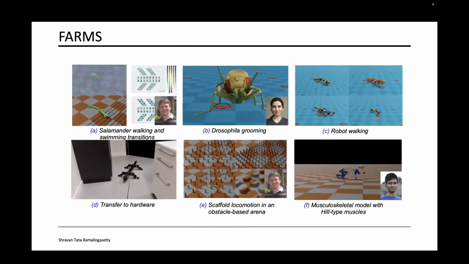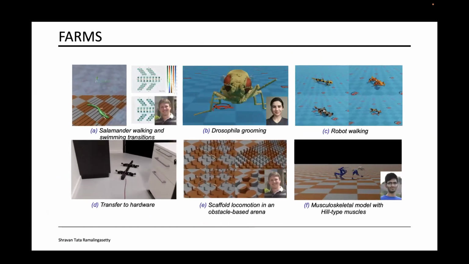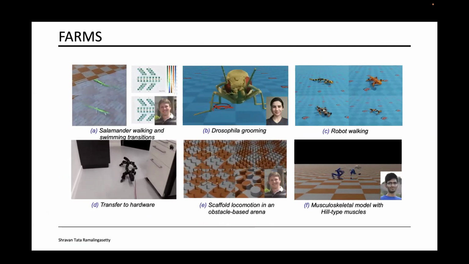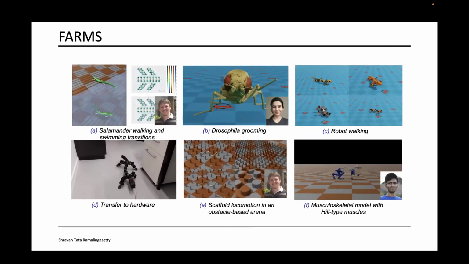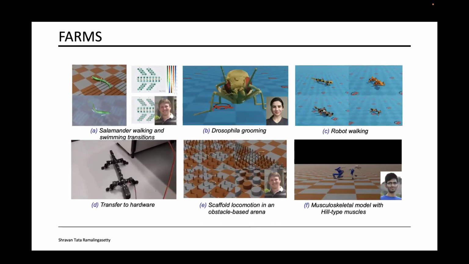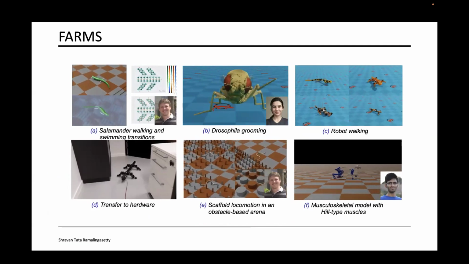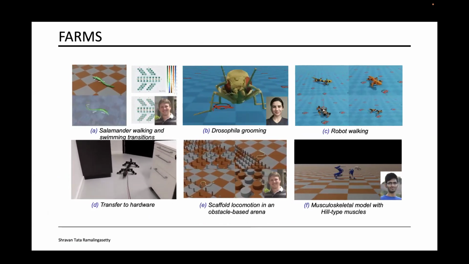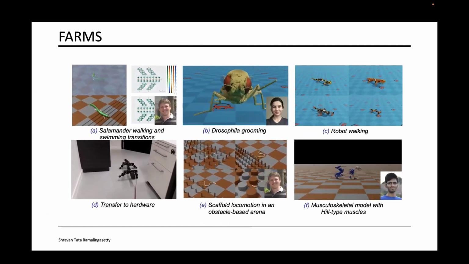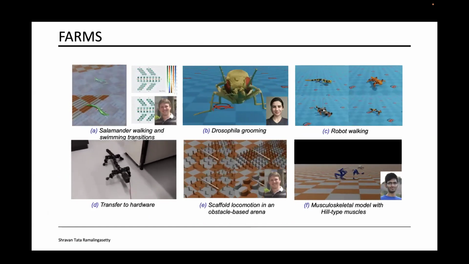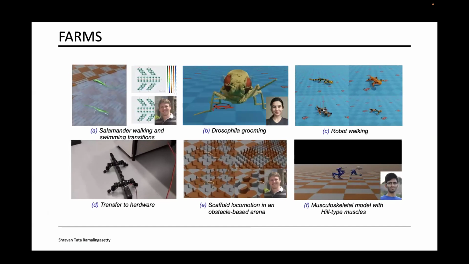Here is an example of some of the things that we want to put together, from fruit flies to salamander robots, swimming, walking, and also mice. So this is our goal, to have everything from primitive animals like fish to humans, all exchanging control laws and theories, so that we can have an ecosystem where people can go between abstractions and actually test things.